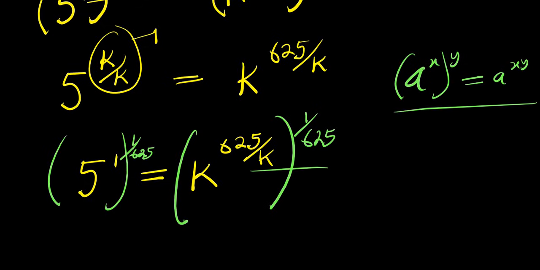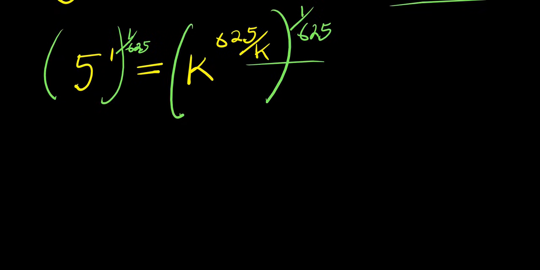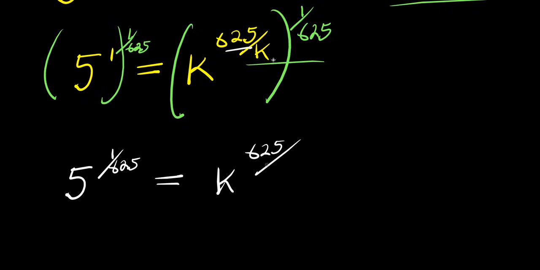Now, let's multiply this exponent. We are simply going to have 5 to the power of 1 times 1 over 625, that is 1 over 625, equals k to the power of 625 times 1, that is 625, divided by k times 625, that is 625k. So this cancels this.